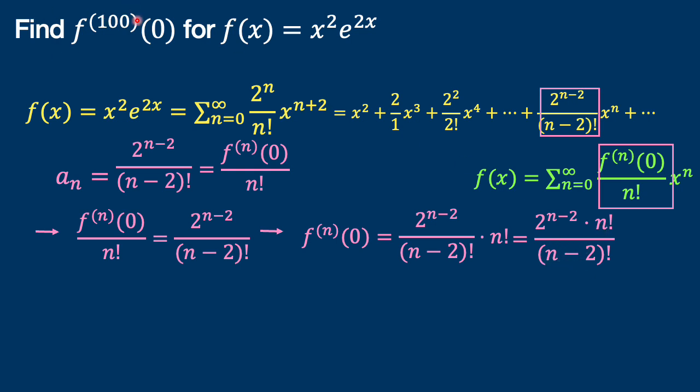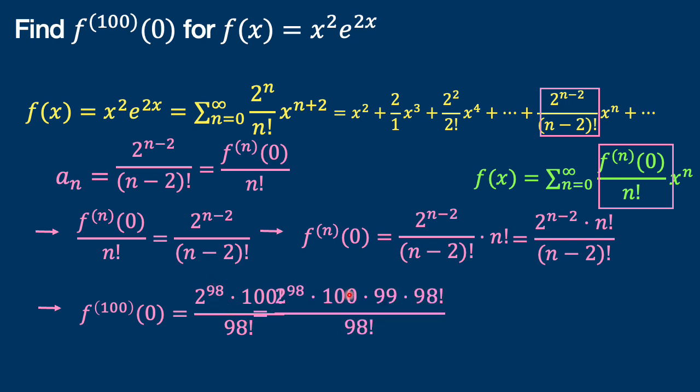We are looking for the 100th derivative at 0. That's what we are looking for. So you plug in 100 here, so n is 100. 100 minus 2 is 98. So 2 to the 98 times 100 factorial over 98 factorial. 100 factorial means 100 times 99 times 98 factorial.